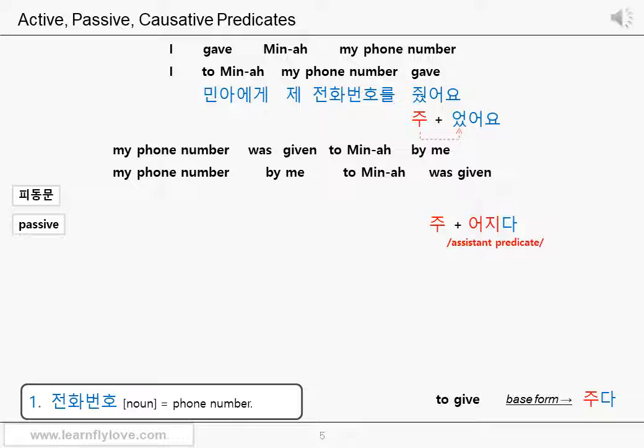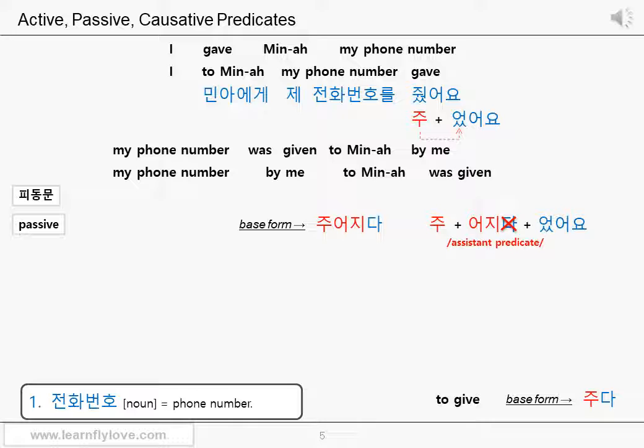So, as we told you, you can just memorize that 주어지다 is the passive base form of the verb 주다, and the stem is 주어지. Okay? Was given. The sentence is in the past tense. Therefore, you get rid of the ending 다 from the base form 주어지다 and add 었어요 to 주어지. 주 plus 어지 plus 었어요, 주어지었어요.